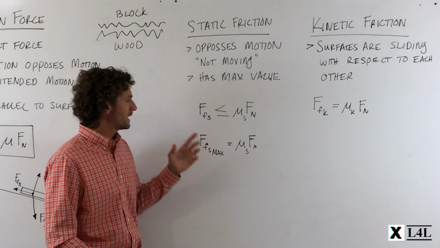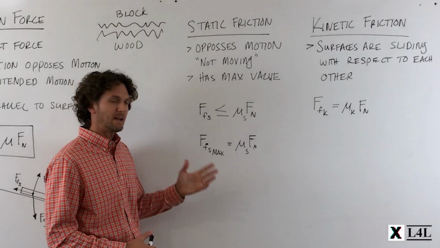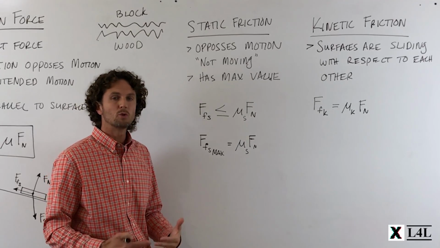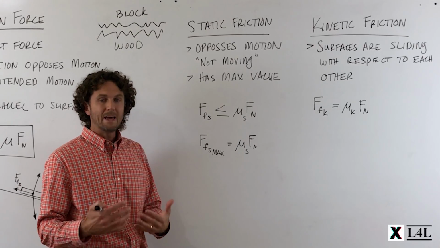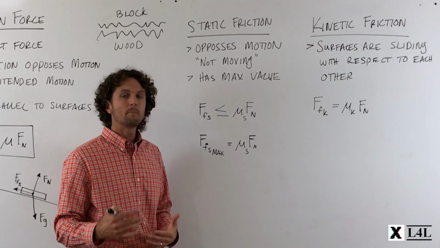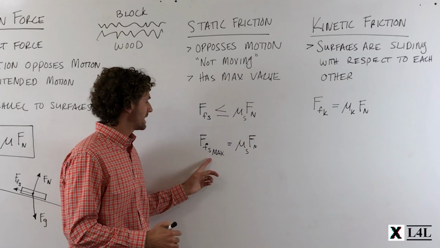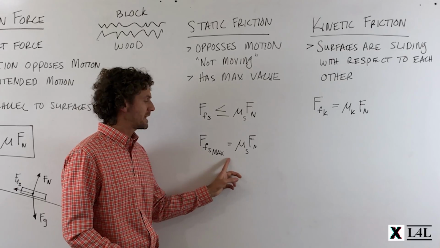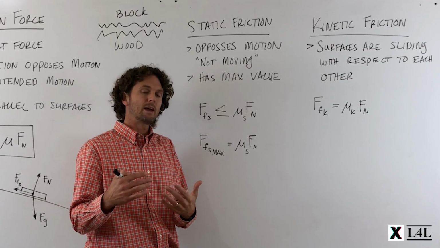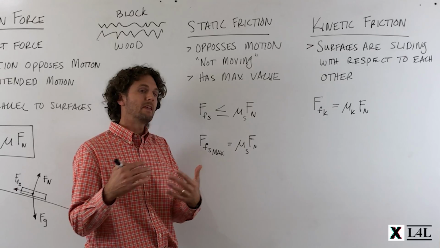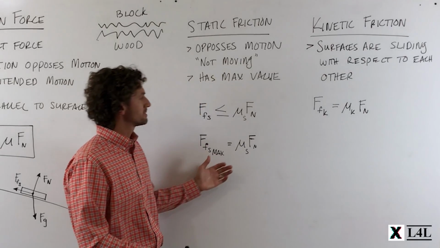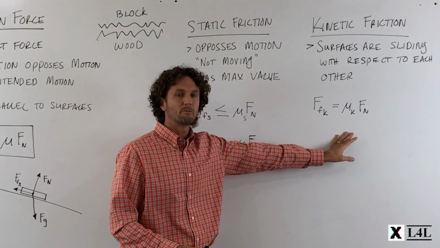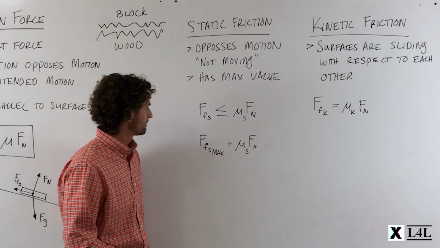However, static friction has the ability to oppose motion as much as needed up to its maximum static friction level. At that point, the maximum static friction is all that you can actually accomplish, and then it will transition and start to move, and it will become a kinetic friction at that point.